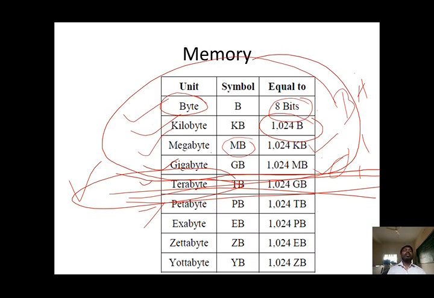Next, memory units. If you take memory units, a bit is nothing but 0 or 1, only one bit. Understand?